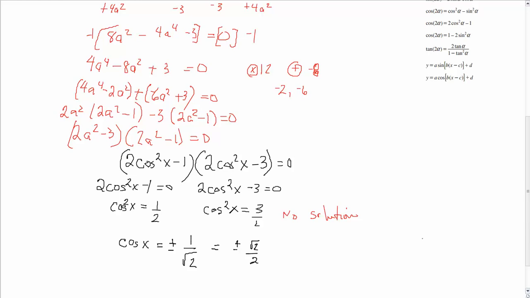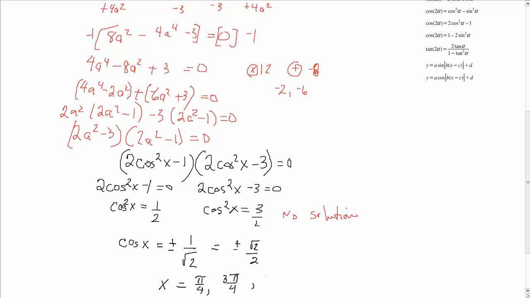And when we go to our unit circle, we'll see that x will equal pi over 4, and it'll equal 3 pi over 4, and because it's plus and minus, it includes all of those 45 degrees.